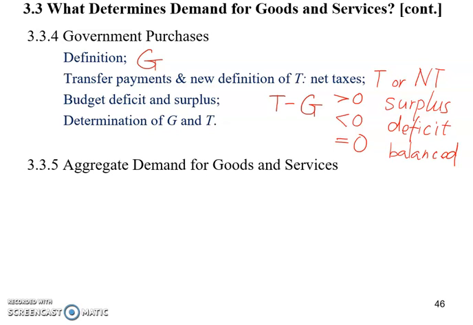Okay. All right. So now we can put everything together: the aggregate demand for goods and services. That's why I put the superscript D here, which stands for demand.